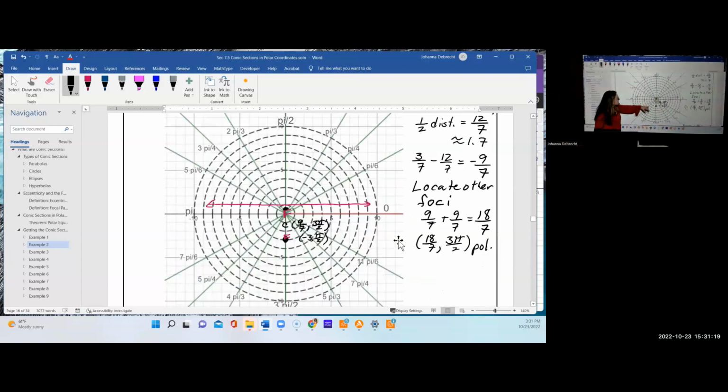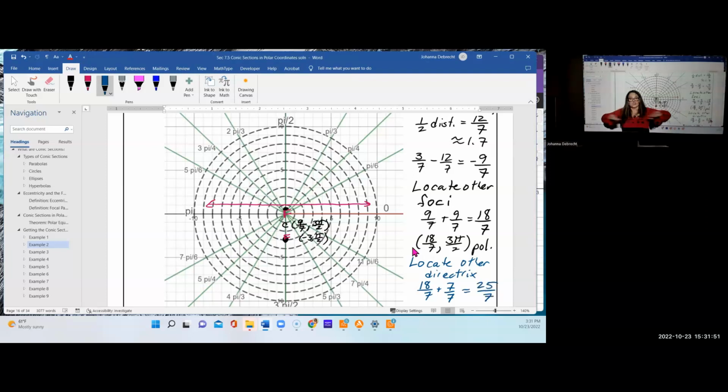So this focus is at 18/7. So the other directrix needs to be at 25/7. And we know it's got to be a distance of 1 away. So it's going to be 18/7 plus 7/7, which is equal to 25/7.